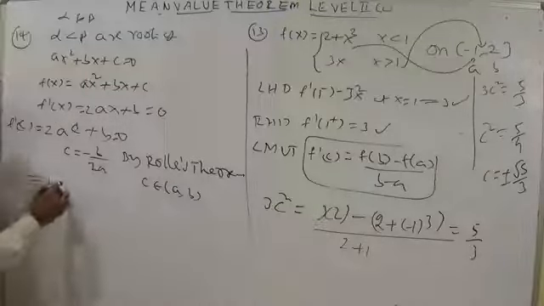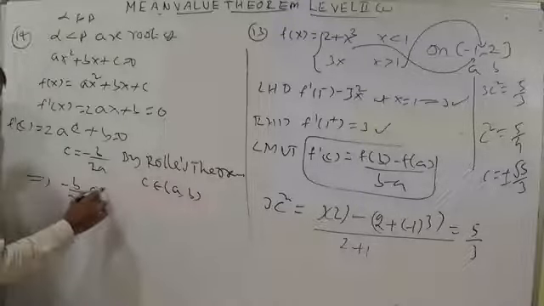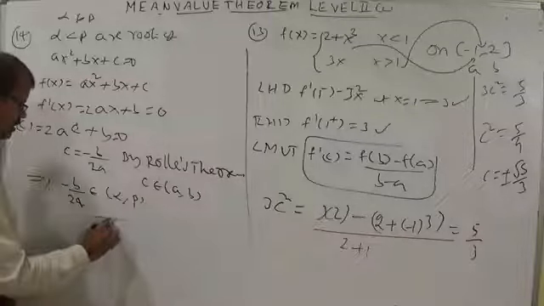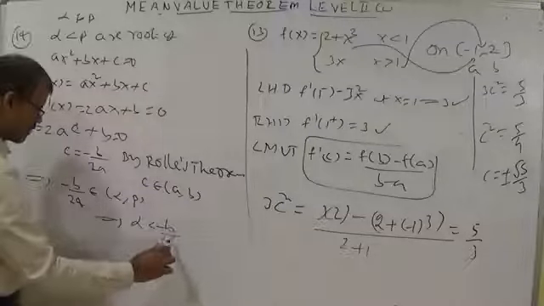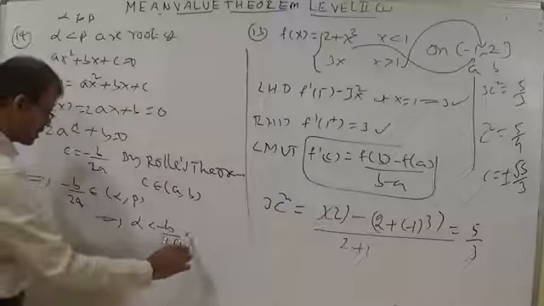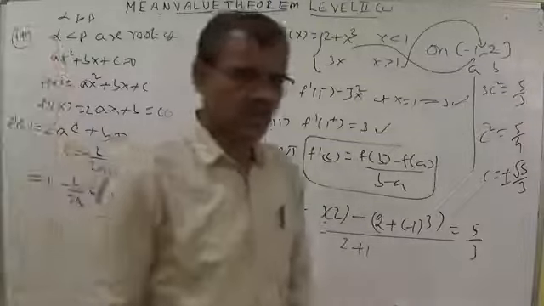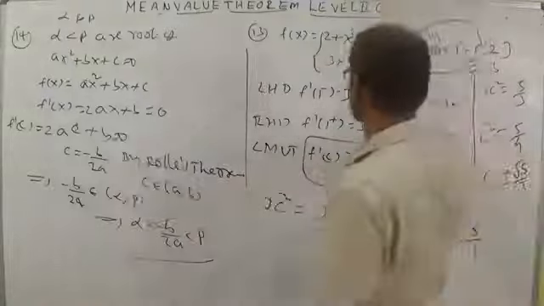That implies the value minus b by 2a belongs to alpha comma beta. We can write this as alpha less than minus b by 2a less than beta. Without doing the sum also, you can say this directly if you know the formula of quadratic expressions.